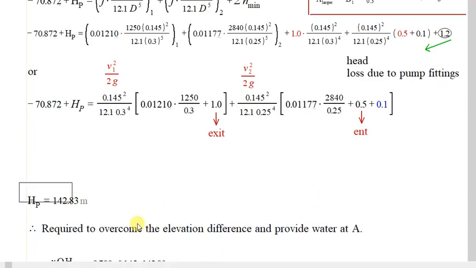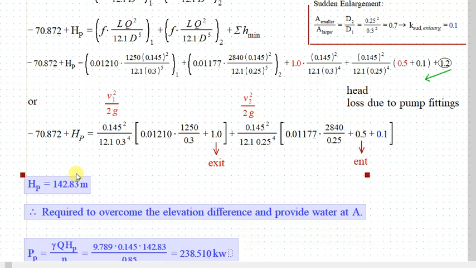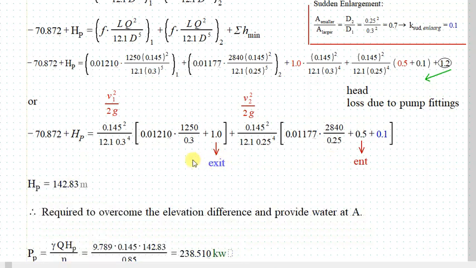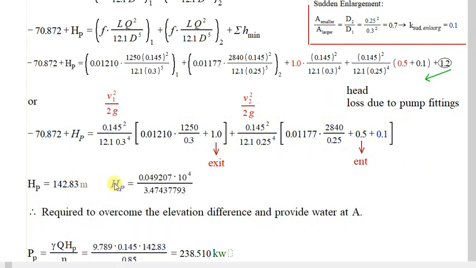So at the end we find the answer. And we find the answer for HP. It is 141.63. This is it. Actually there, I think we didn't change it. There is something wrong.